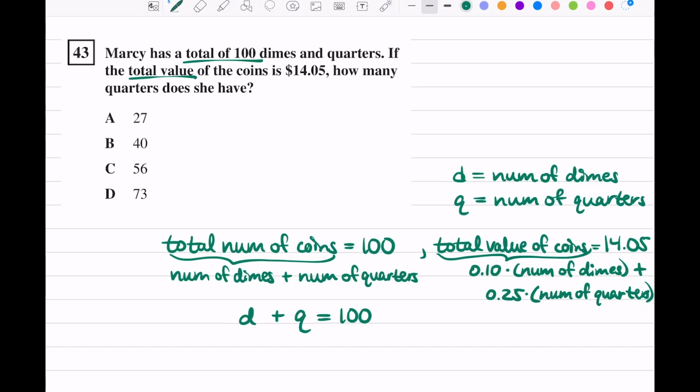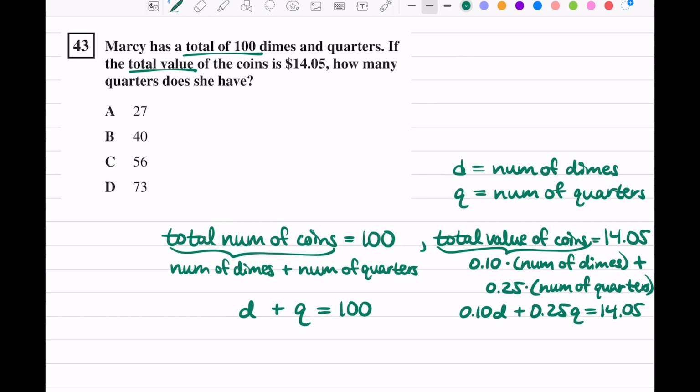And our second equation would say 0.10 times D plus 0.25 times Q equals $14.05. So we're used to having X and Y in our equations, but in this case we have D and Q, but we still have a system of equations. So let's rewrite these equations below.